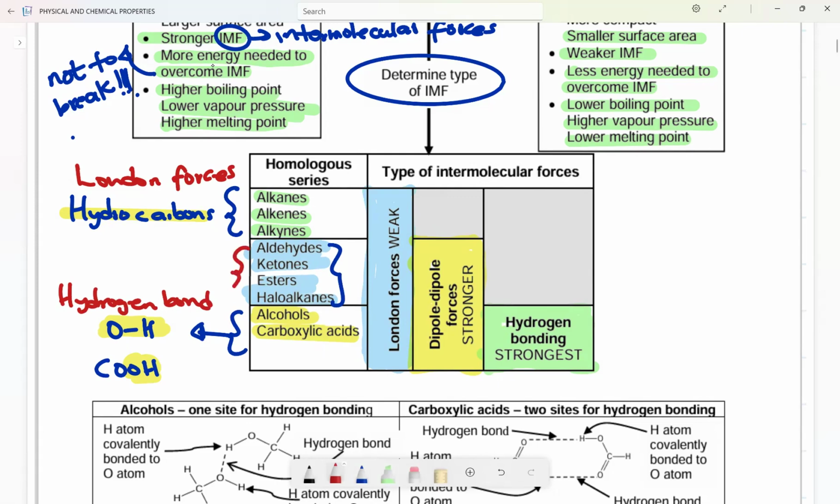Then the rest here have dipole forces. At least now you won't deal with dipole induced dipole, ion induced dipole and all of that. All you're going to deal with now is only dipole forces, hydrogen bonds and London forces. Now I want you to look at this.